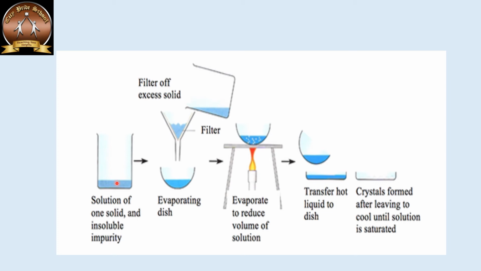As a result, the compound which is insoluble because of that oversaturation will now dissolve with the increment of the temperature. Now, as soon as we have prepared this hot solution, the next step is we have to carry out a hot filtration.